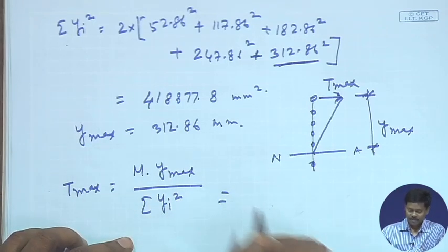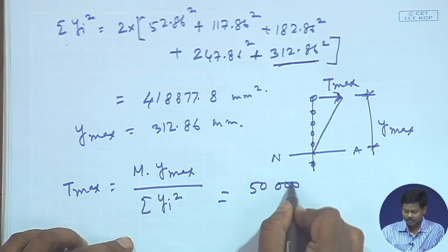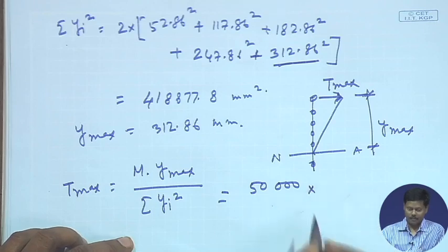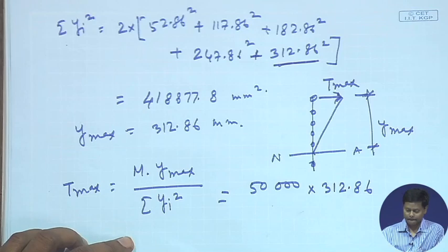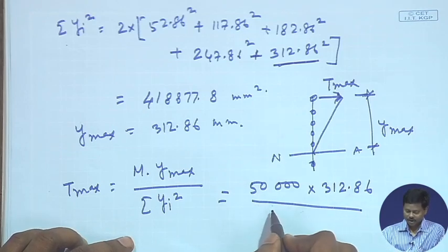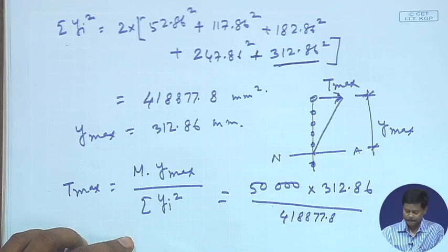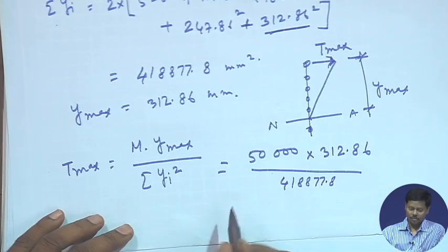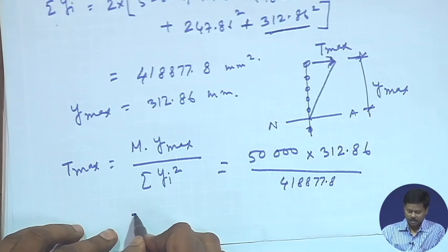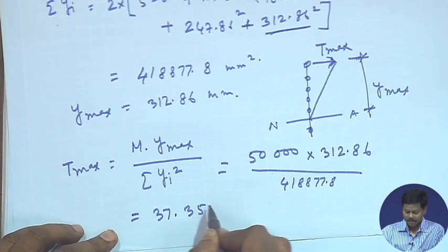If I put this value, m was 50,000 kilonewton meter and y max we have calculated as 312.86. Then summation of yi square is equal to 418,877.8. If we put this value, we can find out the value as 37.35 kilonewton.